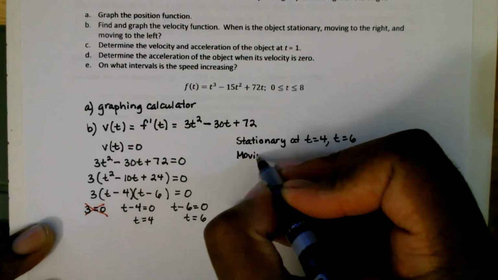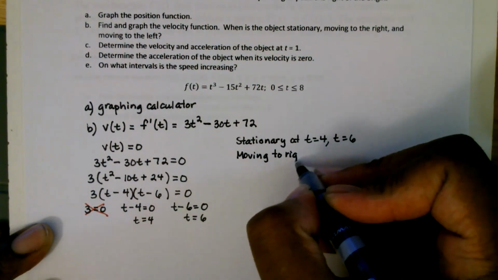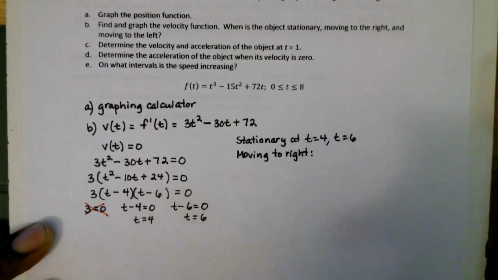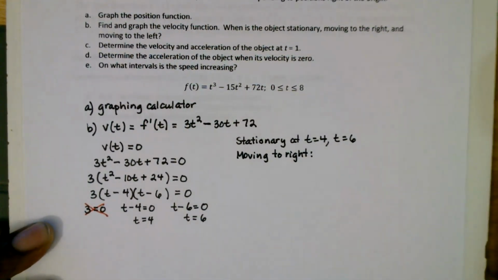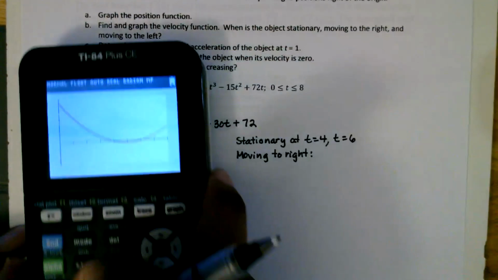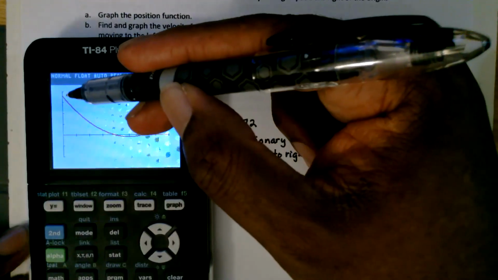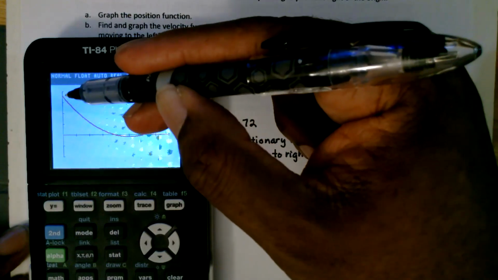Now, we need to pick the intervals where it is moving to the right. In other words, where is this graph positive if it's moving to the right? Let's look at this graph. So that means it's above the x-axis.